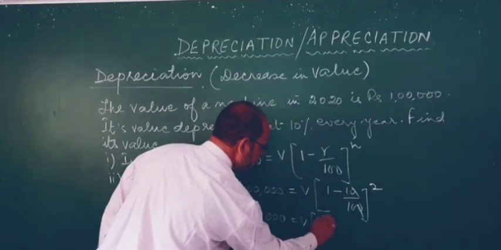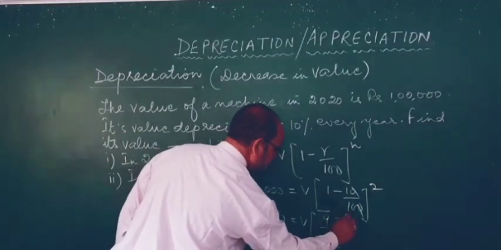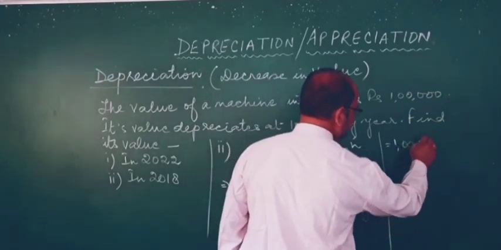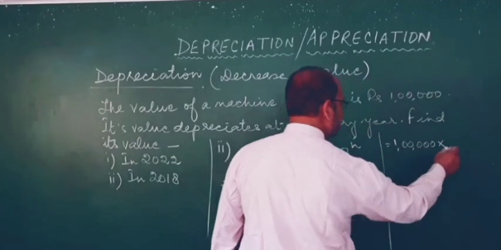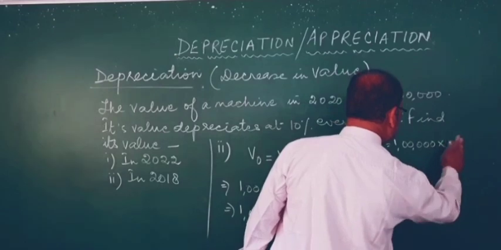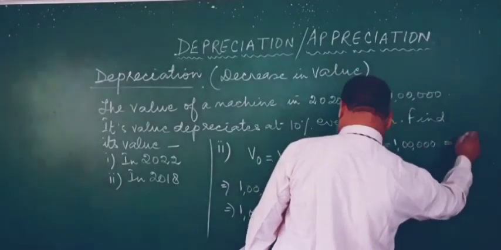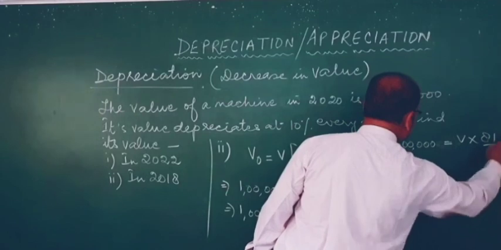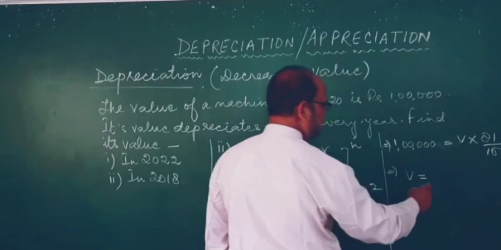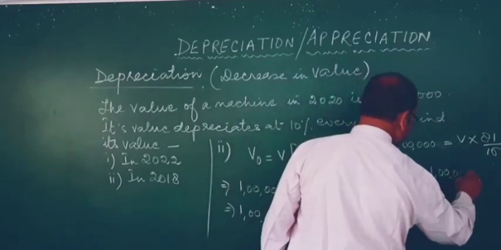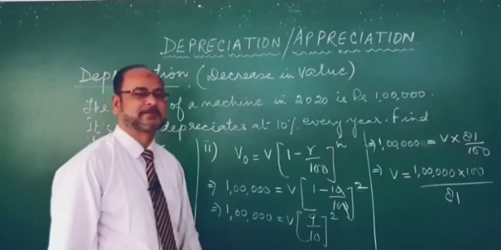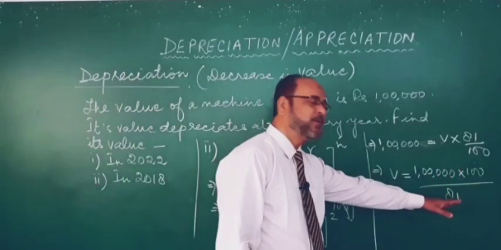The zeros will be cancelled out. Again it will be 9 upon 10 power 2. This will be 1 lakh equals V into 81 upon 100. So when we find the value of V, it will be 1 lakh into 100 upon 81.